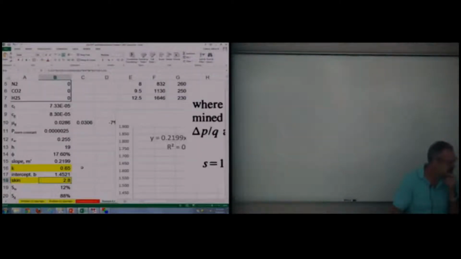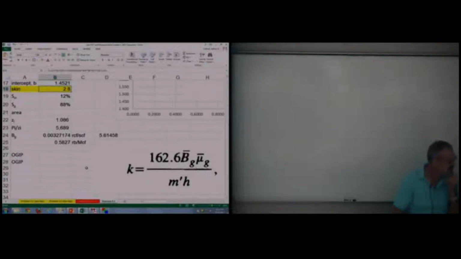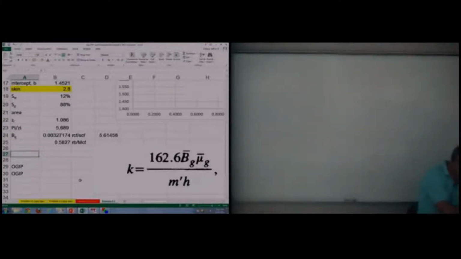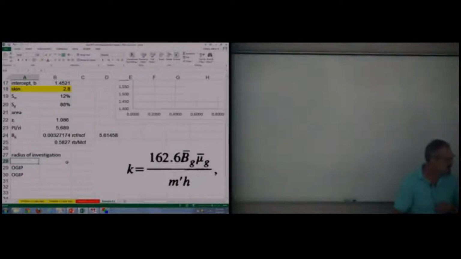Let's see, I'm probably going to come back and finish something here that I didn't do. I want to start on my next problem, and I'm going to come back and finish this if I remember. But we're always interested in a radius of investigation, and that'll be in feet.